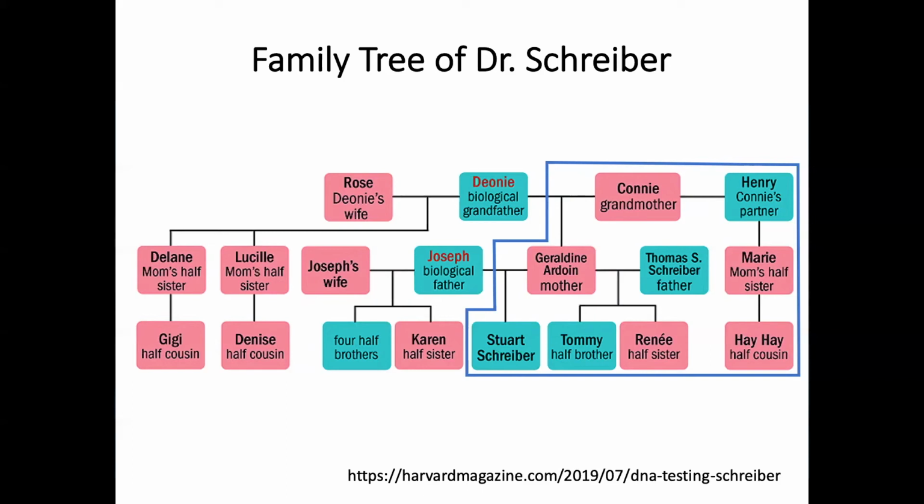So Dr. Schaber eventually discovered the identity of his biological father, named Joe, who had lived within walking distance of his mother's home. So this is him, this is the mother, and this is really his biological father, okay?